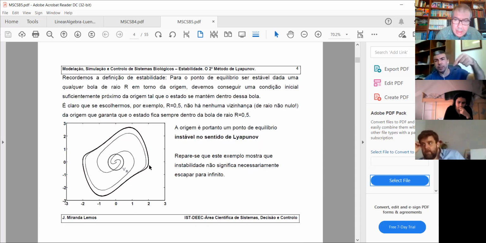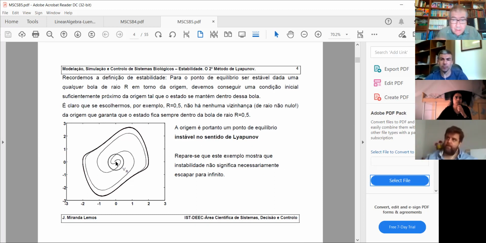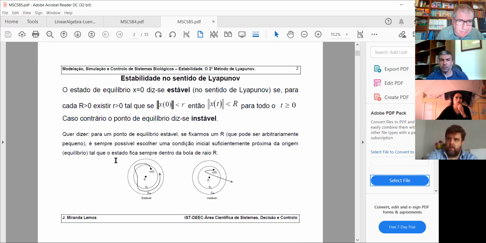But sorry, the point inside this shape, could it be unstable or stable? I'm thinking the initial condition is neither stable nor unstable. What is stable or unstable is the equilibrium point. Okay. And the problem is that if you give me this ball and you say, find a set of initial conditions such that you stay inside, apart from the one that starts at the equilibrium point, you see that this R is bigger than 0.